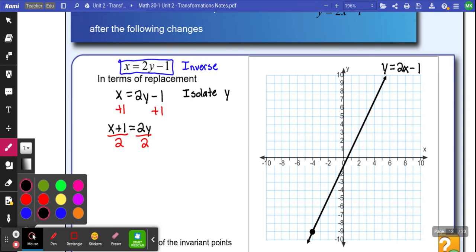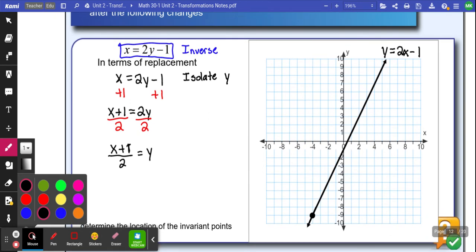So you could do this, X plus 1 divided by 2 equals Y. That would work. Or you could write it like this, X over 2 plus 1 over 2 equals Y. And those are equivalent.